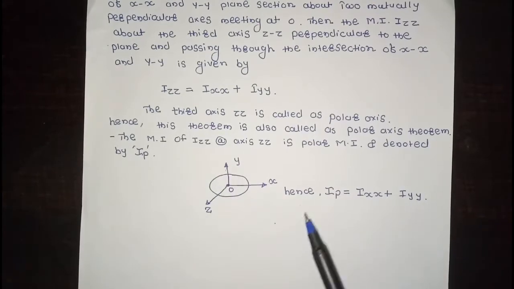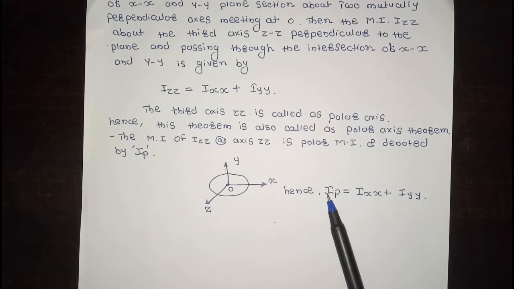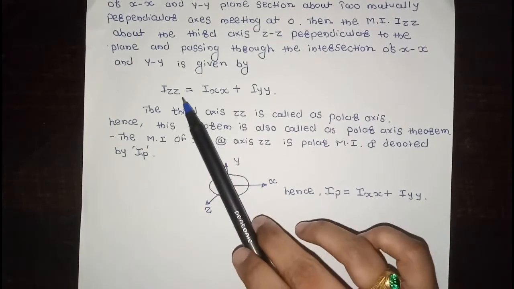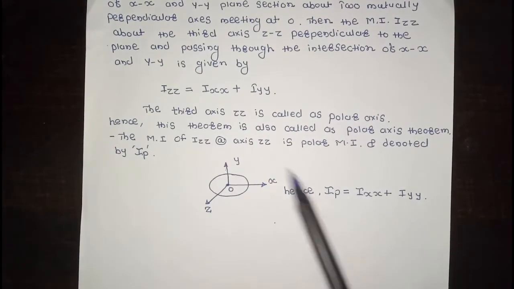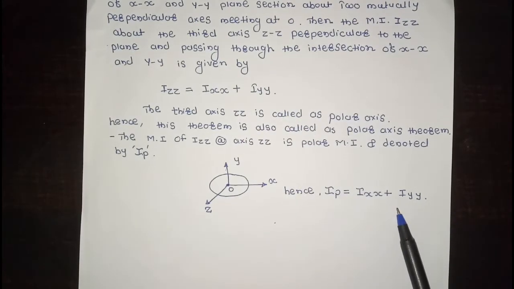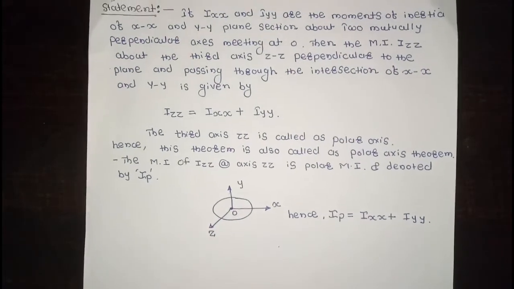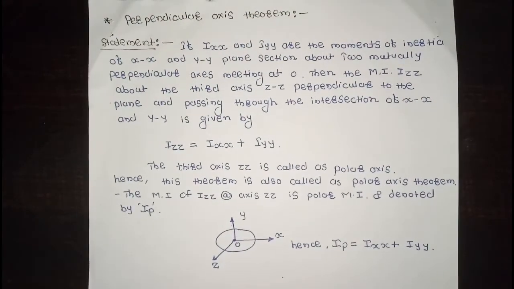Therefore, we get the equation Izz means Ip, polar moment of inertia, because the z-axis is the polar axis. So Ip is equal to Ixx plus Iyy. This is the equation of the perpendicular axis theorem. Thank you.